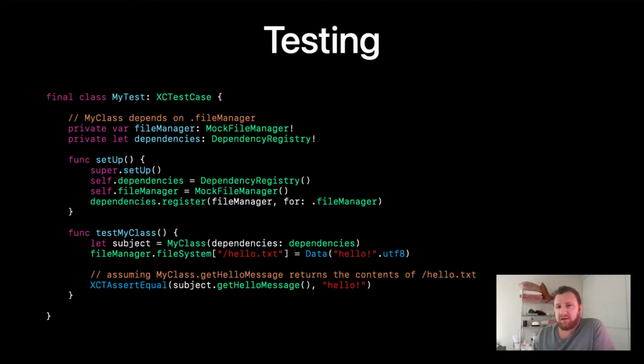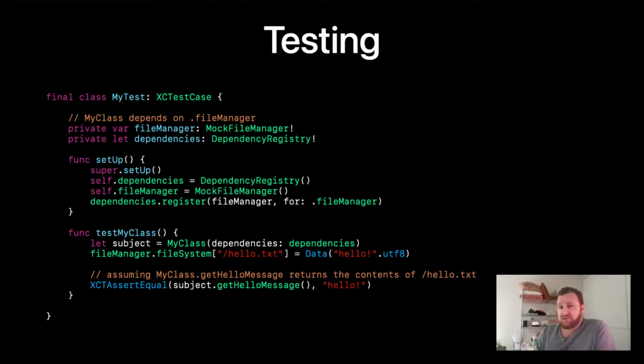We would then declare, the usual, a dependency registry, and we declare the different dependencies that our service needs. We set up that dependency registry. We create the instance of the mock file manager with an empty file system. And then we call that register method to put our mock file manager instance into the dictionary that's inside the dependency registry at the file manager's key. And that makes it nice and easy.